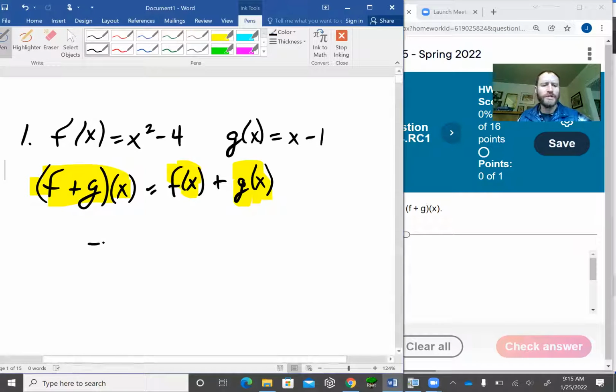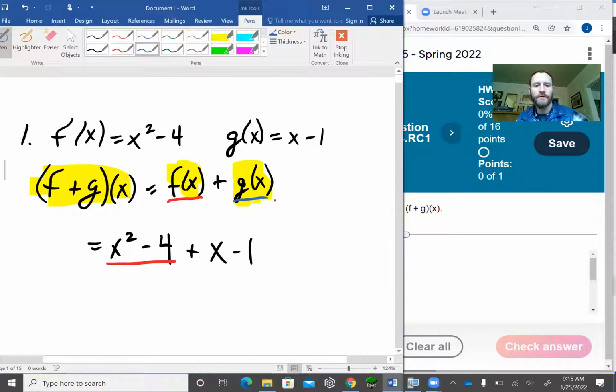And with function addition, it really just amounts to collecting like terms. So here's my formula for f of x. F of x is this. And then I just add my formula for g of x. G of x was this. I'm just getting those formulas, I can underline even up here. So that's where I'm getting those formulas.